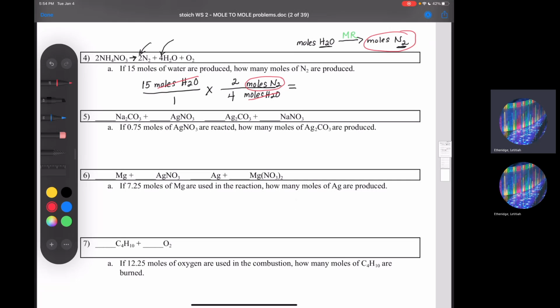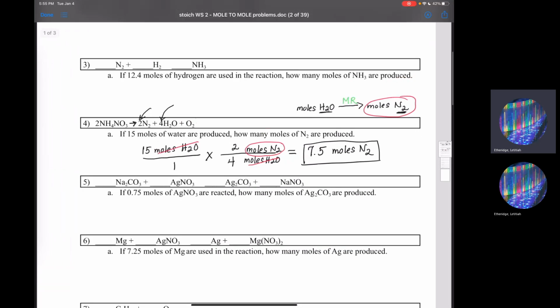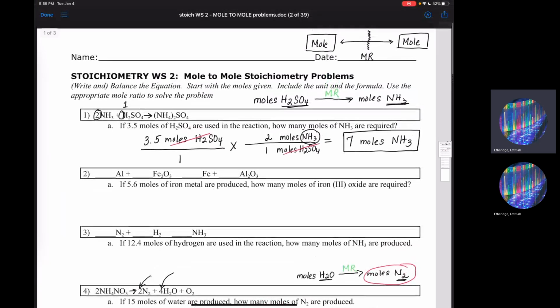So it is going to be 7.5, and the unit is going to be moles of nitrogen, and that is the answer for number 4. Okay. Let's do one other problem, and I'm hoping that by the end of that, you should be pretty, at least proficient at doing these problems.